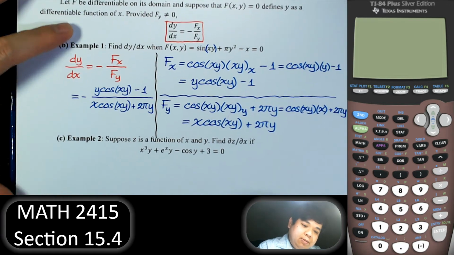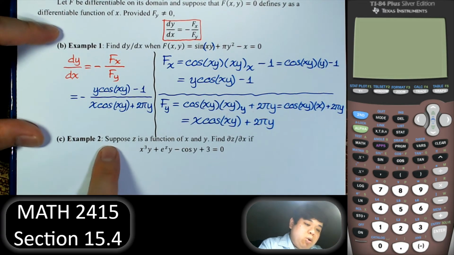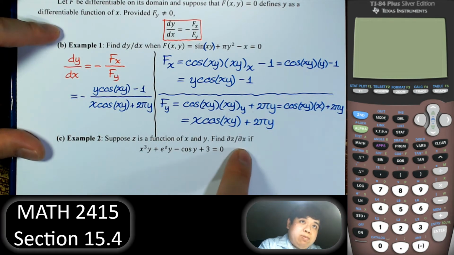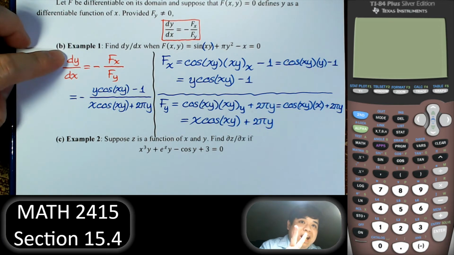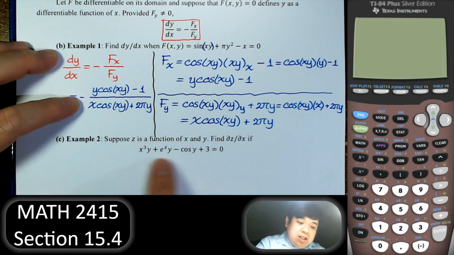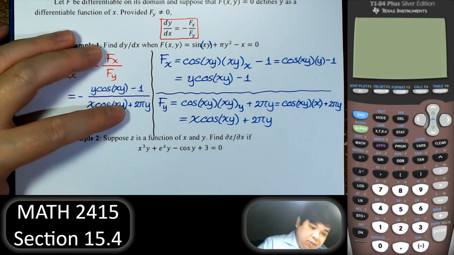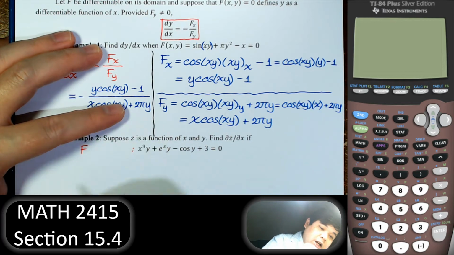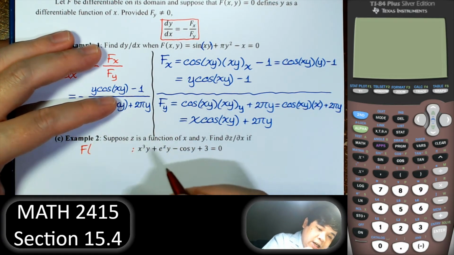Right. Next, suppose Z is a function of x and y, find partial derivative of Z with respect to x. So there are 2 variables here, Z and x. So we go with partial derivative. First, this equal to 0, which is good. We're going to make that equal to the function of 3 variables, x, y, and z.